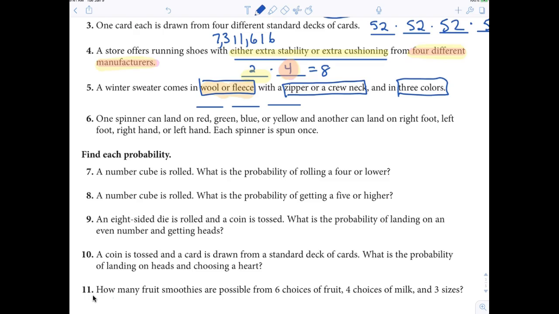That's why there are 3 options. This is either wool or fleece. This is either a zipper or a crew. This is color 1, color 2, or color 3. Do you understand me now?